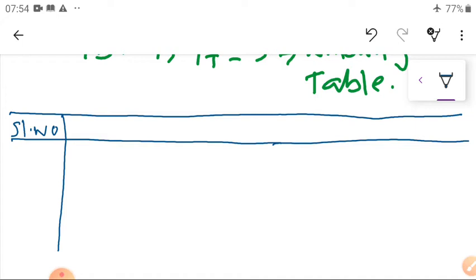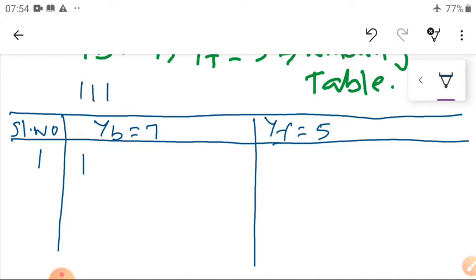Now the back pitch YB is equal to 7 and front pitch YF is equal to 5. Starting from conductor 1, we add the back pitch, so this conductor is connected here. The average pitch is 6.